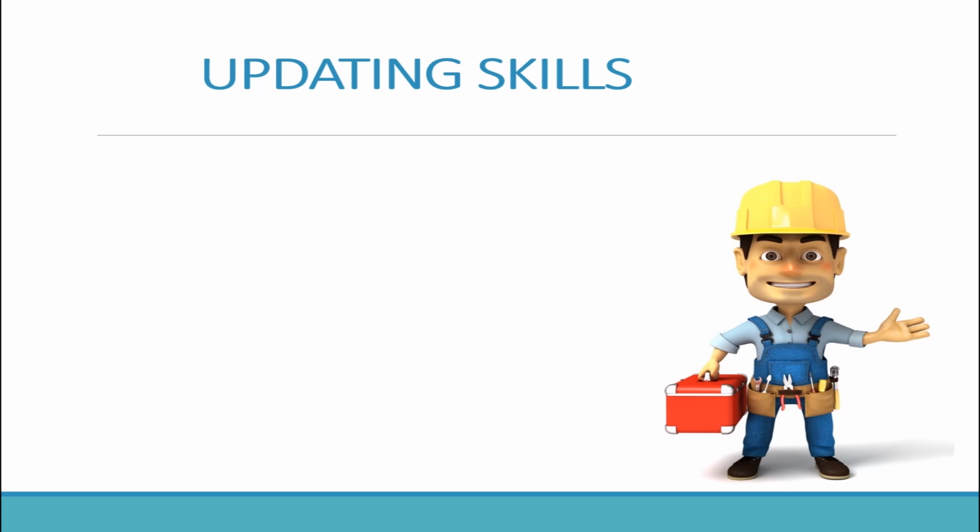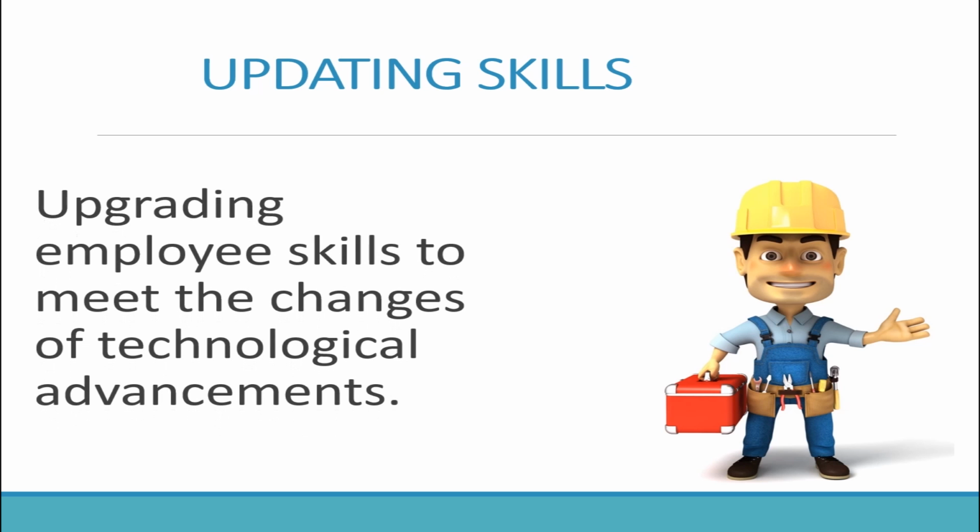Next point is updating skills. Technological advances result in changes in the nature of jobs. These result in skills demands for these jobs to be performed successfully. Training helps in upgrading employee skills to meet the changes of technological advancements and prevents managerial obsolescence.